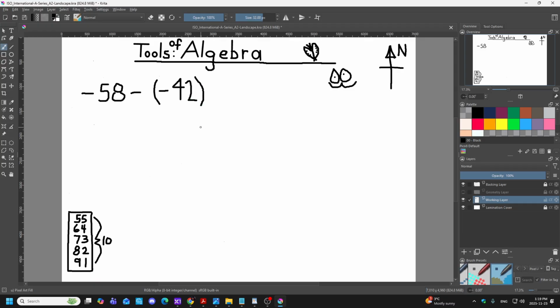We're going to try to speed things up, fly through things a little bit more. We have a negative times a negative, therefore equals positive. Negative 58, that is unchanged, guys and gals. The only thing we're changing is right here. That becomes a positive 42.